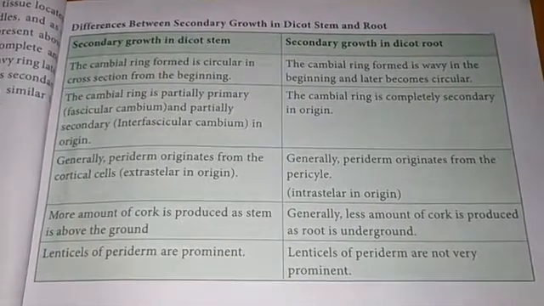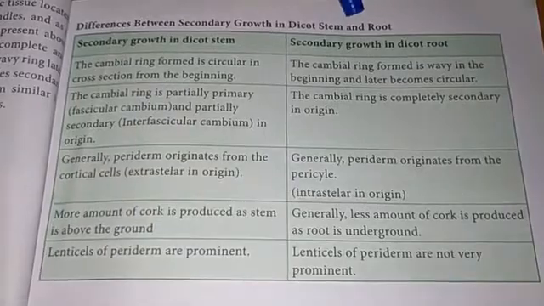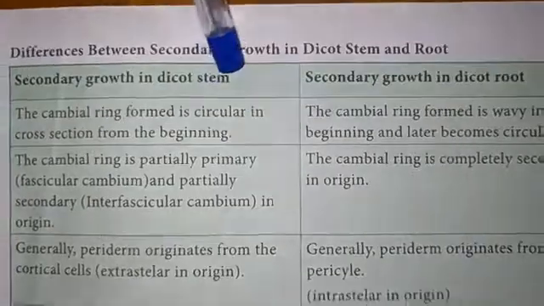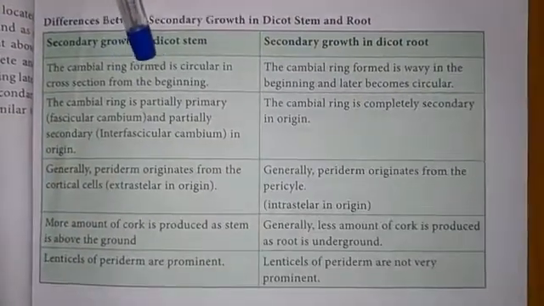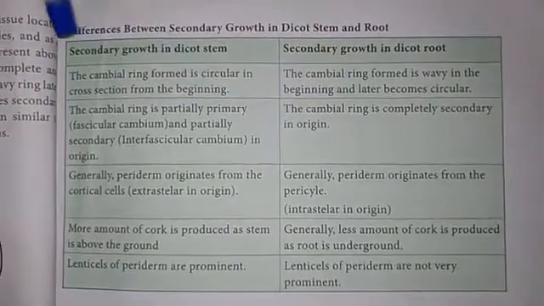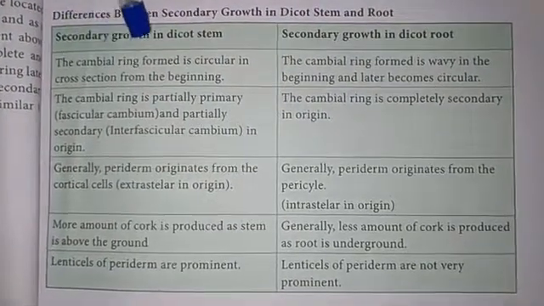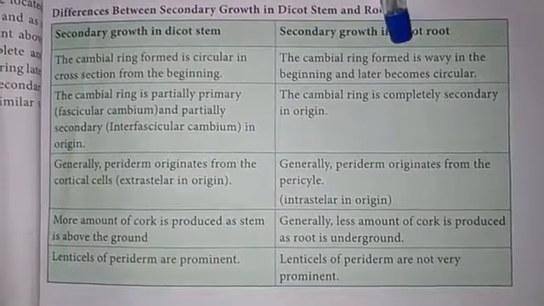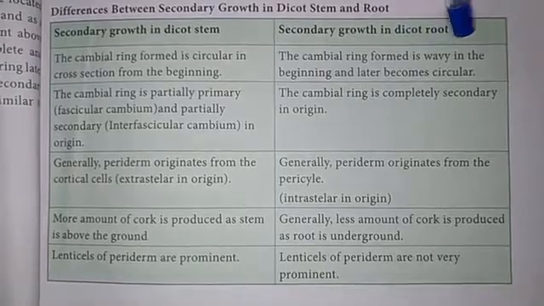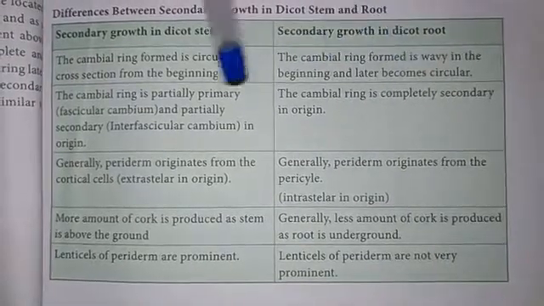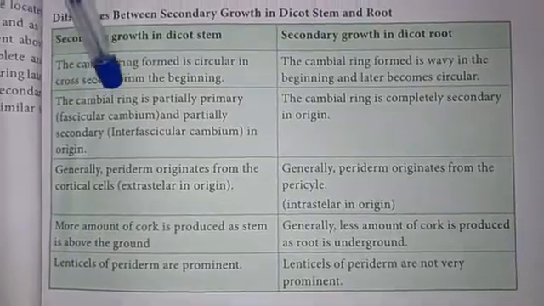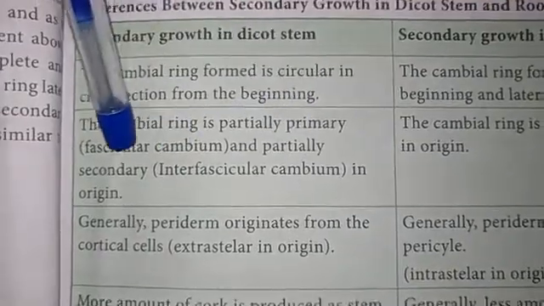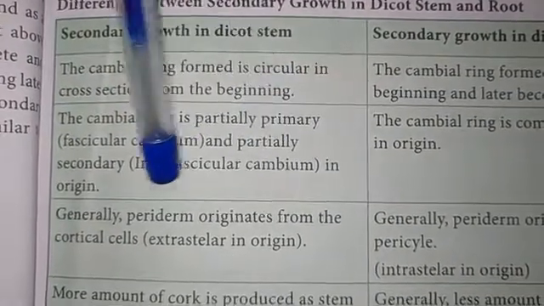So, the difference between secondary growth in dicot stem and secondary growth in dicot root. In dicot stem, the cambial ring is circular in cross section from the beginning of the secondary growth. In dicot root, the cambial ring is formed wavy in the beginning and later it becomes circular. In dicot stem, the cambial ring is partially primary, that is fascicular cambium, and partially secondary, interfascicular cambium in origin.